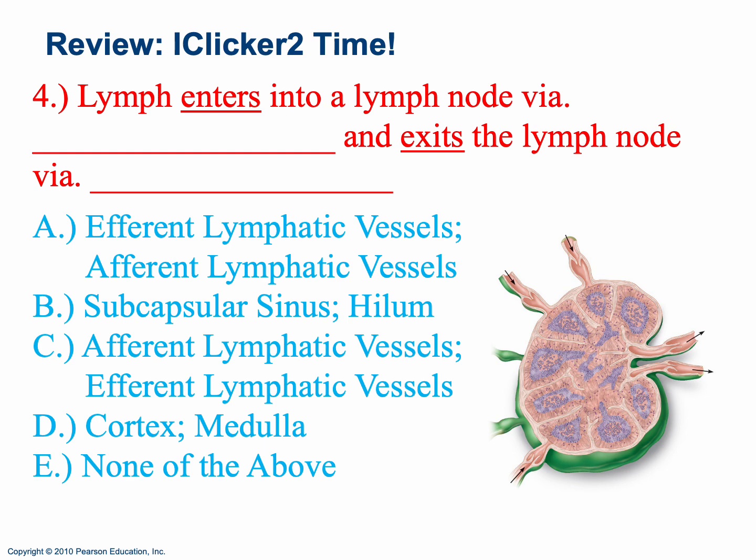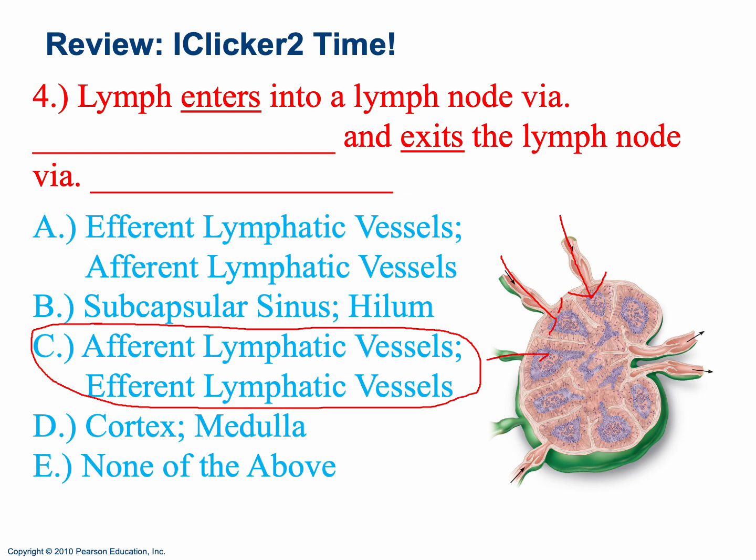The correct answer that I would go with would be choice letter C. Lymph will enter into a lymph node through the afferent lymphatic vessels, right here and here. And of course, the lymph will exit the lymph node right here. These are the efferent lymphatic vessels. So C would be the correct answer.